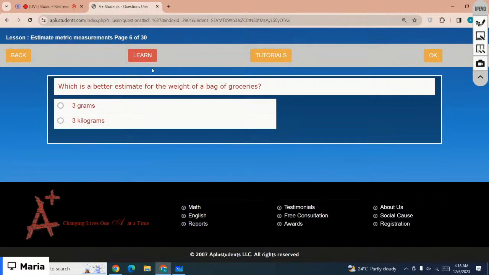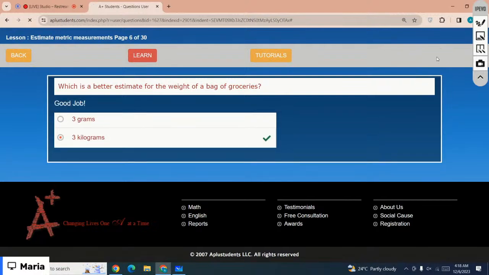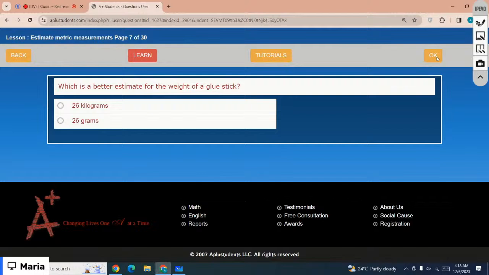Yes, that is bags of groceries. So that would be 3 kilograms because 3 grams is too little for the bag of groceries, right? No, gram is a smaller unit. When you go for groceries, you weigh in kilograms. That would be kilograms.